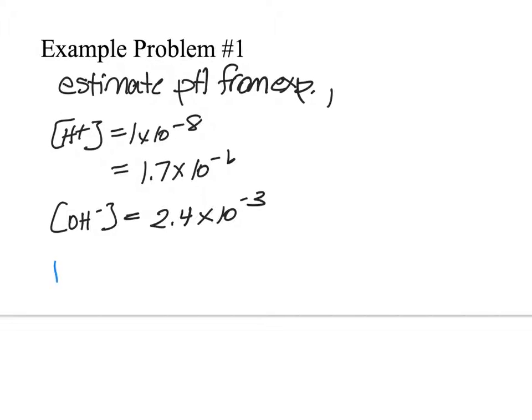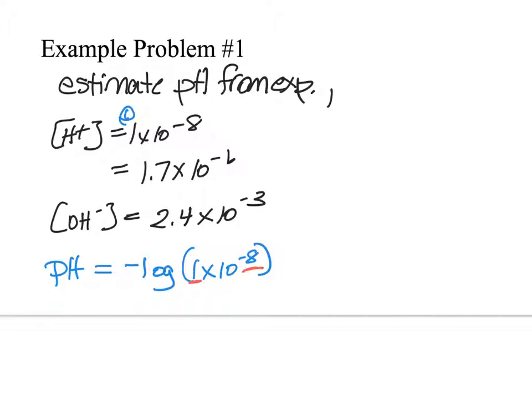In the first case, number 1, pH is equal to negative log of 1 times 10 to the negative 8th. I can put that into my calculator, but because I can use my estimation here, this first number is 1, so I know pH is equal to 8.